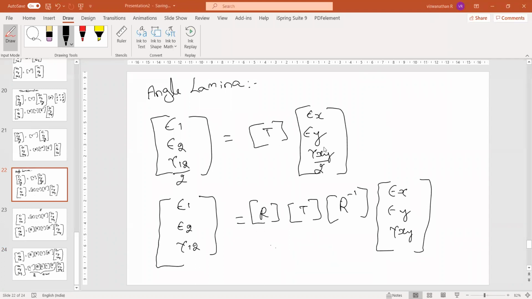So we started with epsilon 1, epsilon 2, gamma 1 2 by 2. These are local strains. Local strains and global strains are related by the transformation matrix.